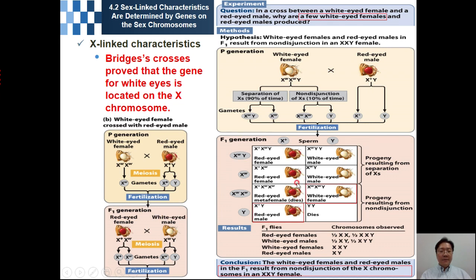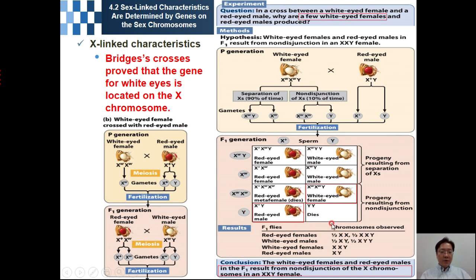But sometimes they found this one. In this case, when the separation happens, usually all of the females are red-eyed and all of the males are white-eyed. But they found this phenotype and this phenotype, which come from non-disjunction from the XWXWY. Usually this happens 10% of the time.